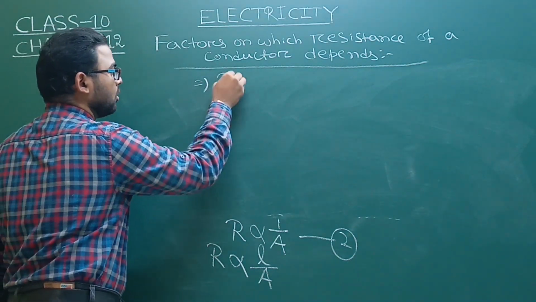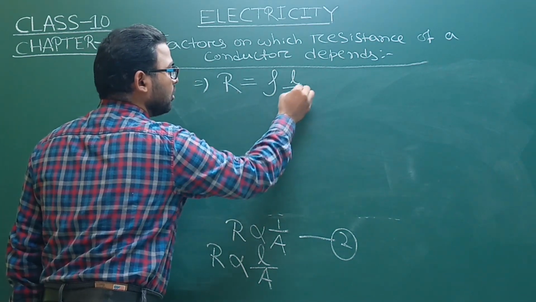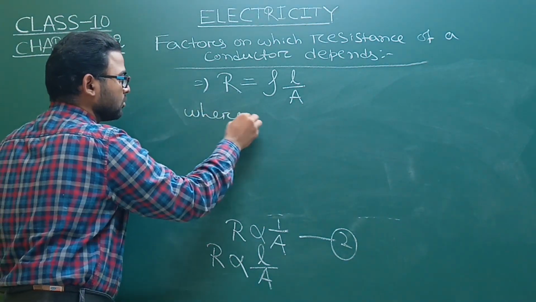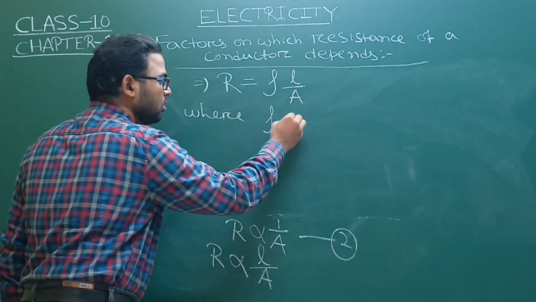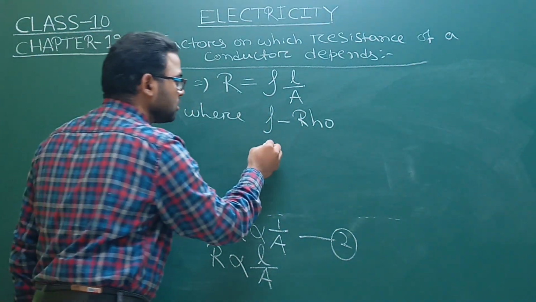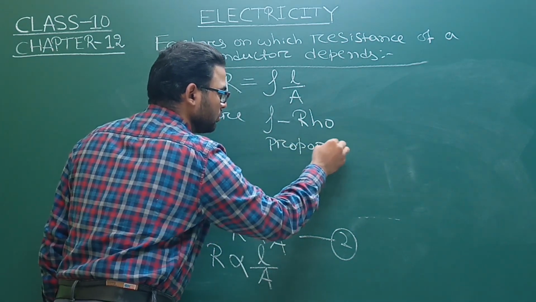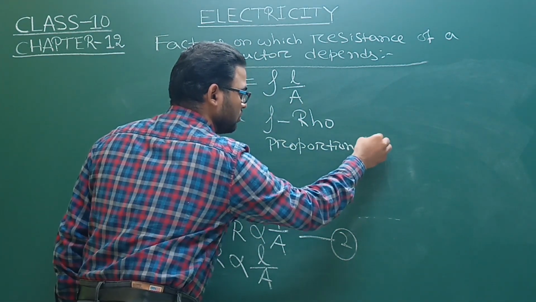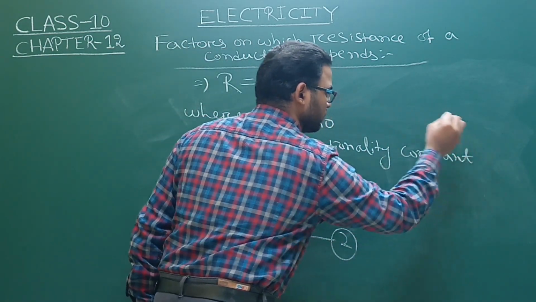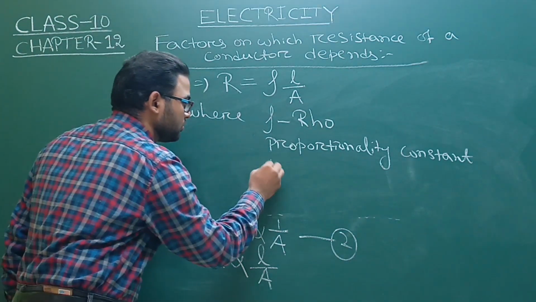So R is equal to rho L upon A, where this symbol is called rho, R-H-O. Okay, and this is a proportionality constant. And rho is the resistivity of the material.